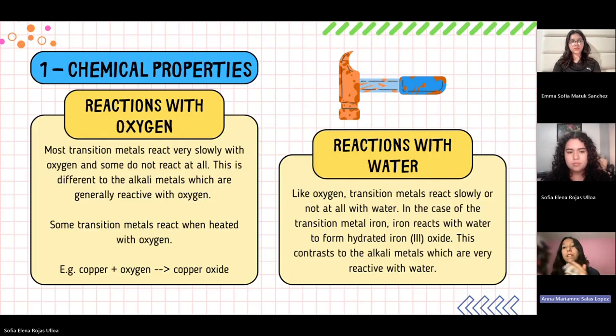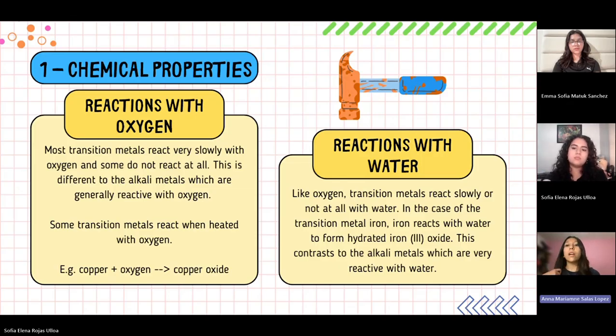For example, iron reacts with oxygen and moisture to produce rust. And some metals like copper can also change color when exposed to air over time. Most transition metals react very slowly with oxygen and some do not react at all.